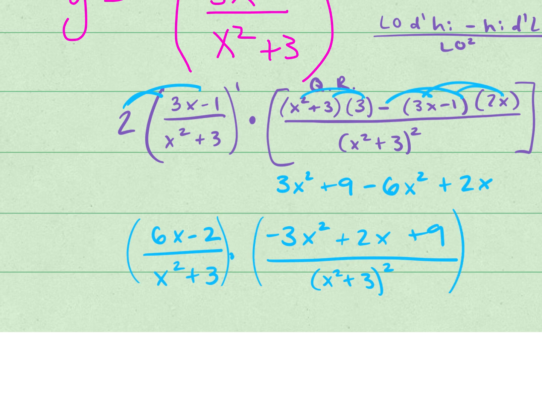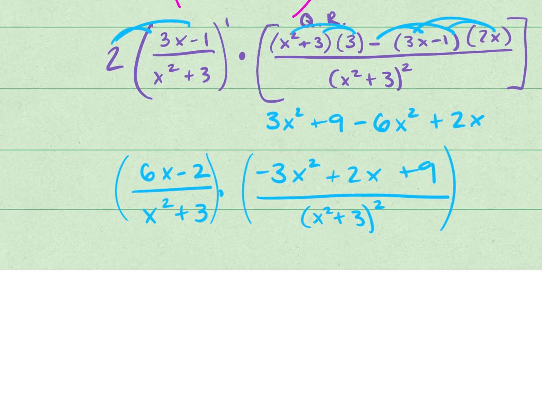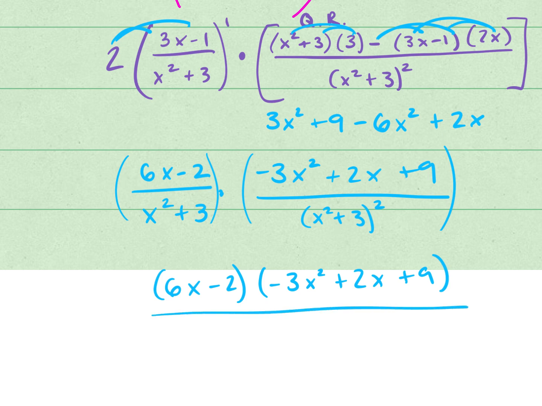When we multiply with fractions, our numerators get multiplied together and our denominators get multiplied together. So up top, I've got 6x minus 2 times negative 3x squared plus 2x plus 9 over, what's x squared plus 3 times x squared plus 3 squared?